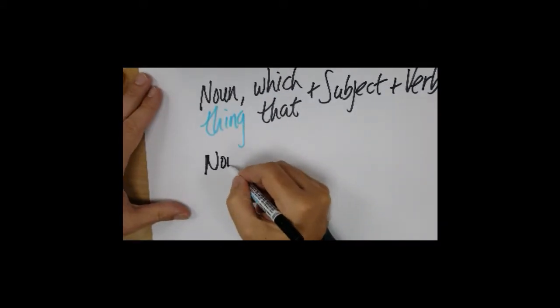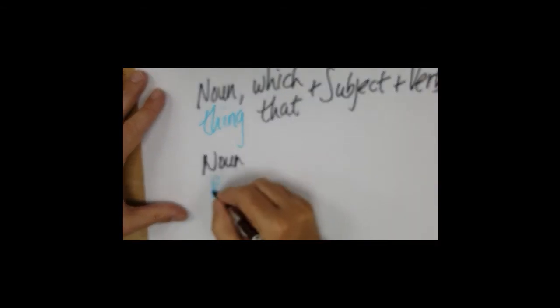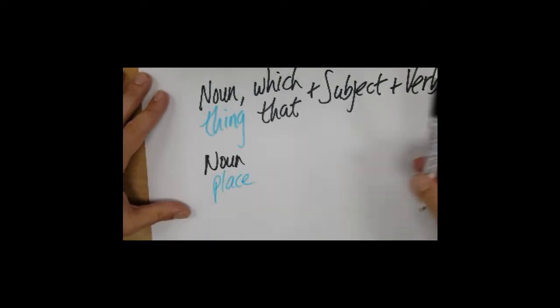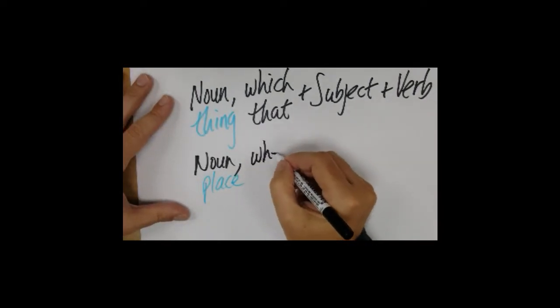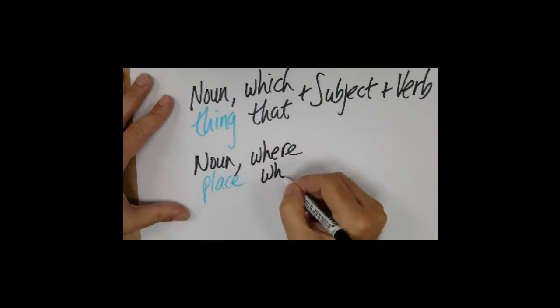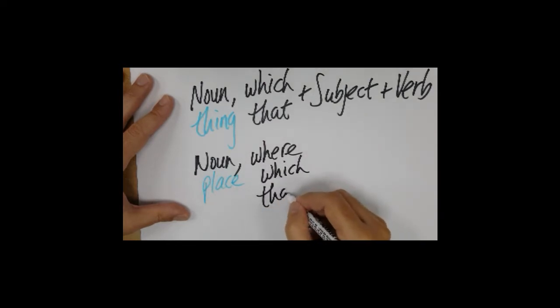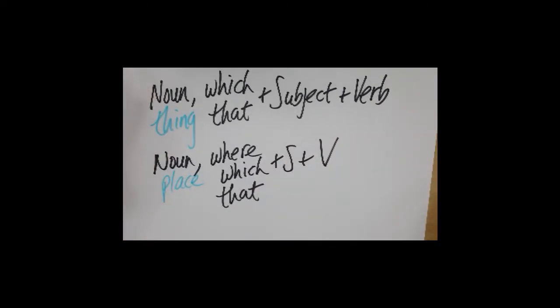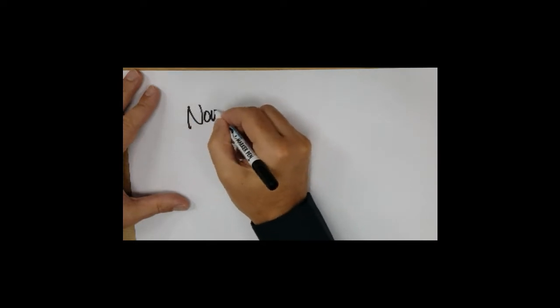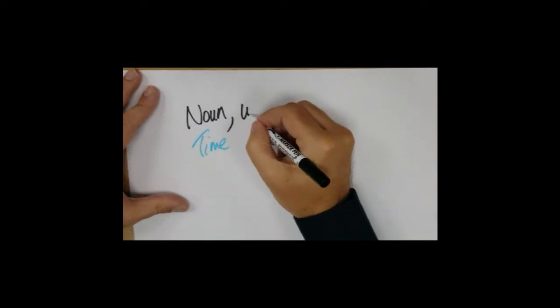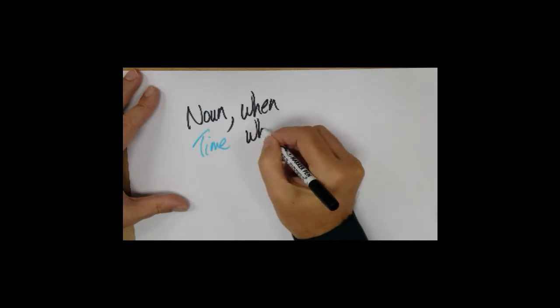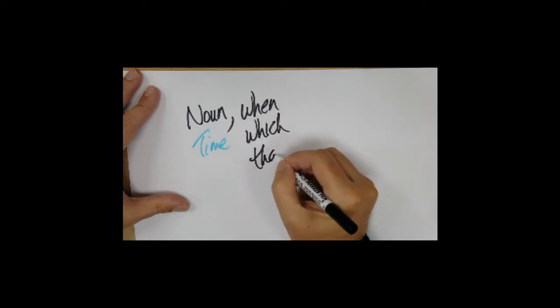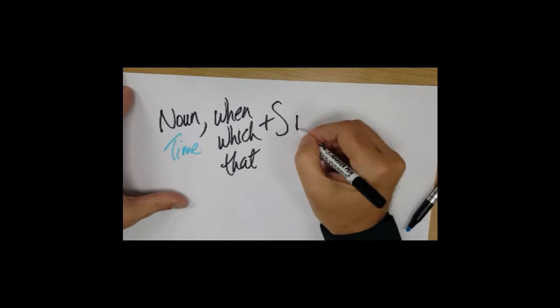If the noun is a place, we can use the marker where or which or that plus a subject plus a verb. If the noun is a time, we can use the marker when or which or that plus the subject plus the verb.